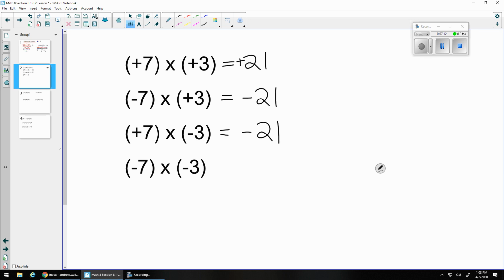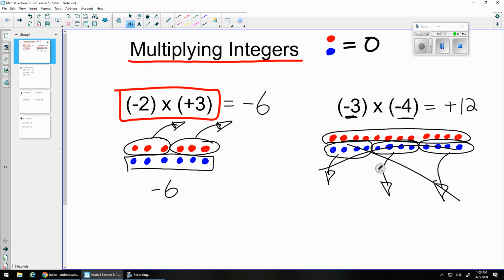And lastly, if we had -7 multiplied by -3, that's like saying we are taking away 7 groups of -3. So since we're taking away those negatives, just like in our previous example, when we took away the negatives, we were left with just positives.